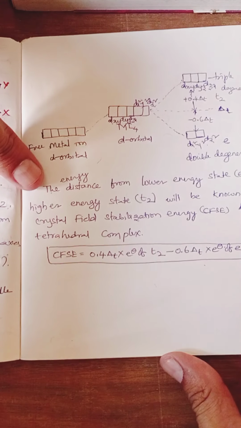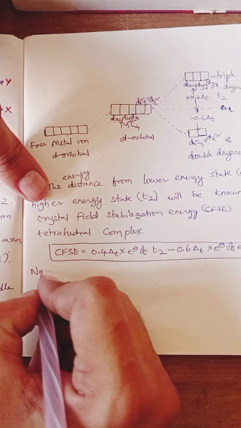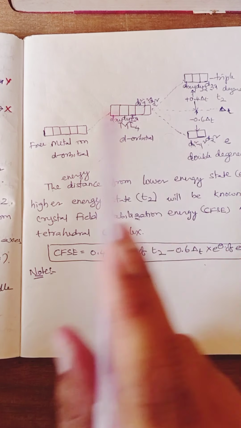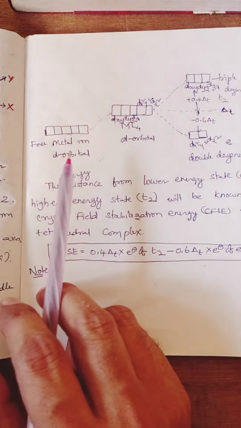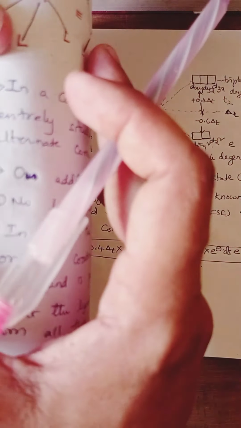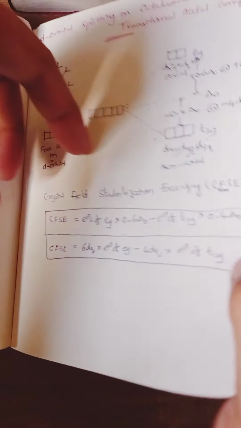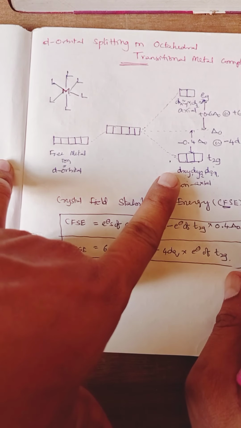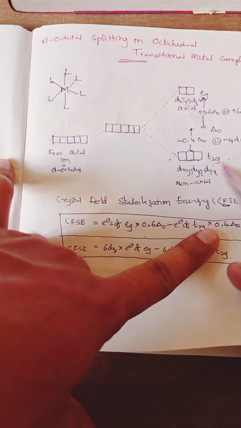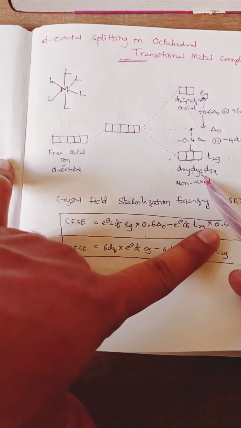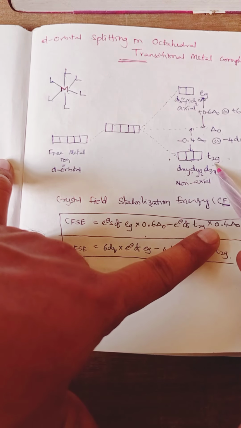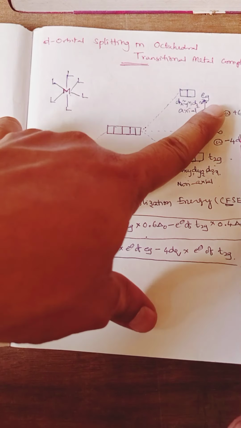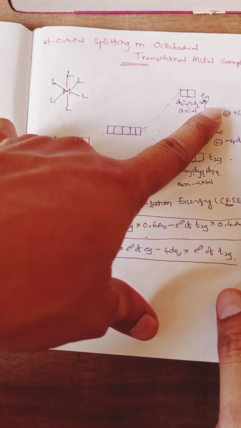Right. So a note point we can have here: when we compare the splitting pattern of the tetrahedral complex with the octahedral complex, we know that in the octahedral complex the lower energy is T2g and the higher energy is Eg. This is the d-orbital splitting pattern in octahedral transition metal complexes, where the non-axial orbitals have lower energy, stated as T2g, and the axial orbitals enhance their energy and reach the Eg energy state, right?